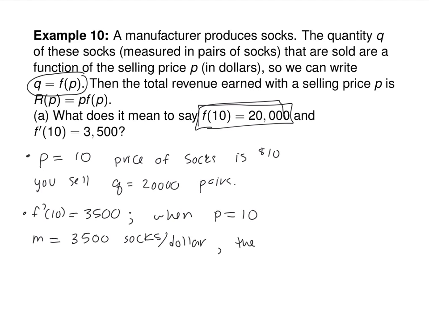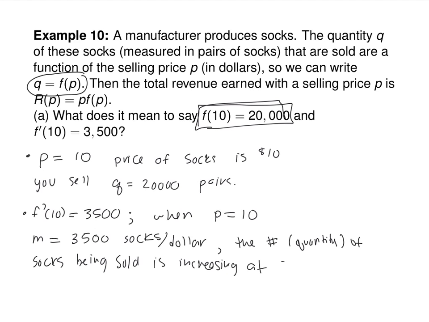Which means the number or quantity of socks being sold is increasing at 3,500 socks per, what were the units, sorry?